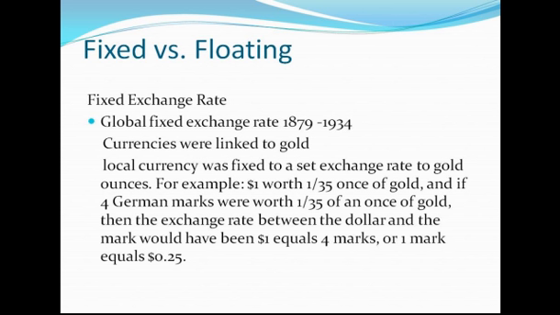For example, if $1 equals 1/35 ounce of gold and 4 German marks equal the same 1/35 ounce of gold, then the exchange rate between the dollar and the mark would be equal. So $1 will equal 4 marks, or 1 mark will equal a quarter of a dollar.